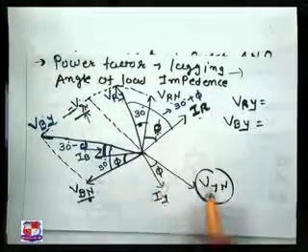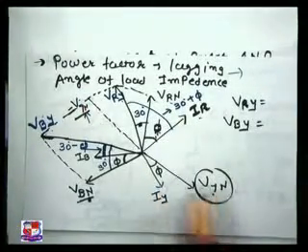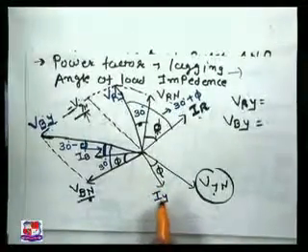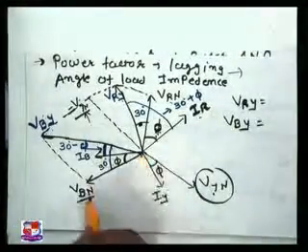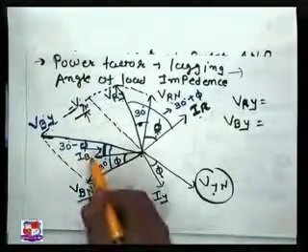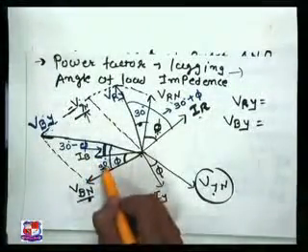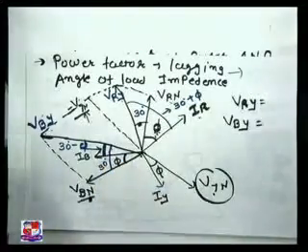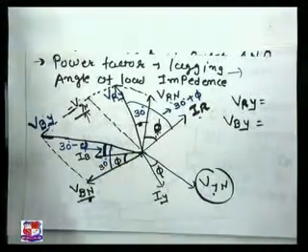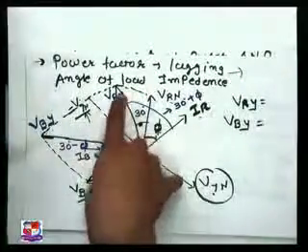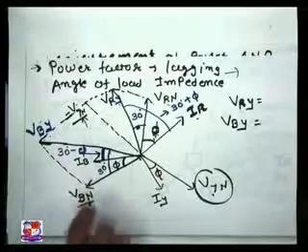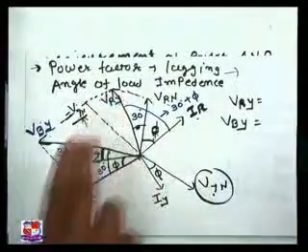Then VIN, the angle will be lagging, so IY will be at phi, and then for VBN, IB is at 30 with it, and the angle between them will be phi. Here one wattmeter is connected in the R phase and another wattmeter is connected in the B phase.